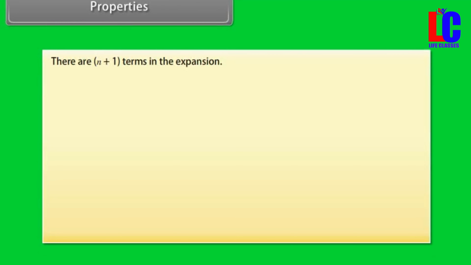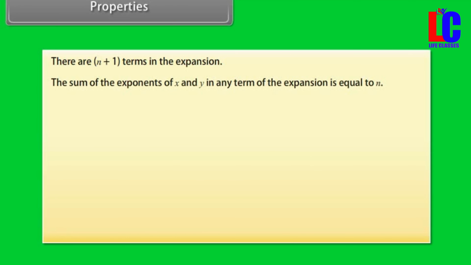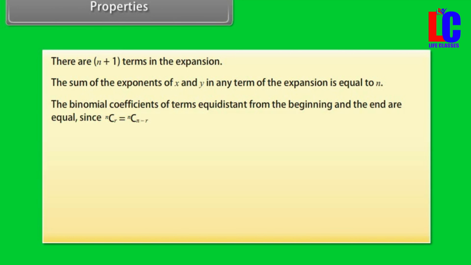Properties. There are n + 1 terms in the expansion. The sum of the exponents of x and y in any term of the expansion is equal to n. The binomial coefficients of terms equidistant from the beginning and the end are equal, since nCr is equal to nC(n−r).